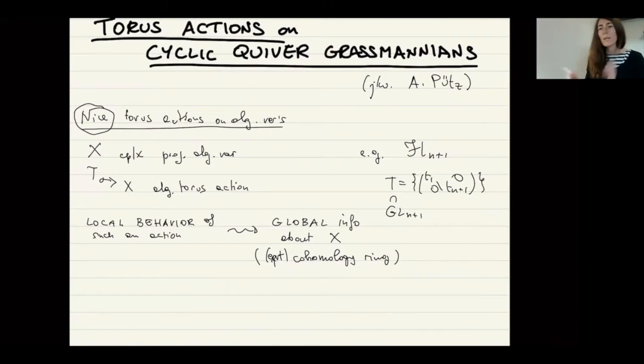What I'm going to recall for you now is a result of Goresky, Kottwitz and MacPherson, a version of the localization theorem. This is what's known nowadays as GKM theory, from their names, but it's the end point of a longer history.